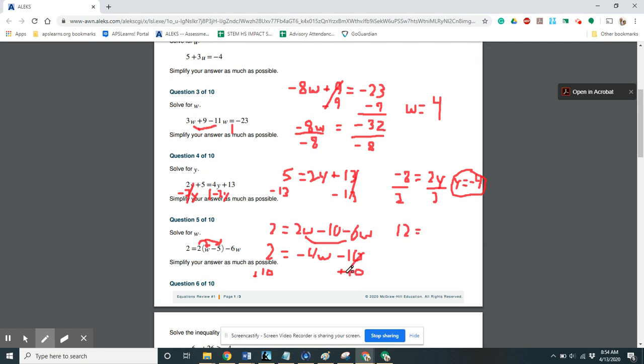And these 10s will cancel, so we just have negative 4w. Last step is to divide both sides by the negative 4. Twelve divided by negative 4 is negative 3. So w is negative 3.